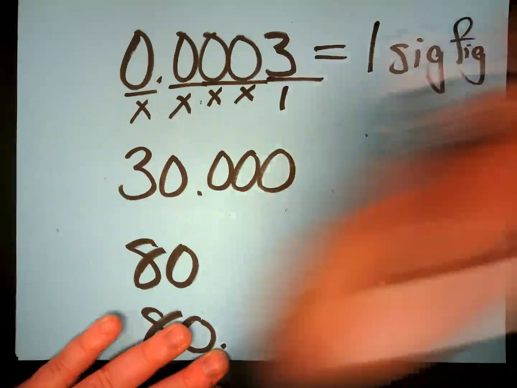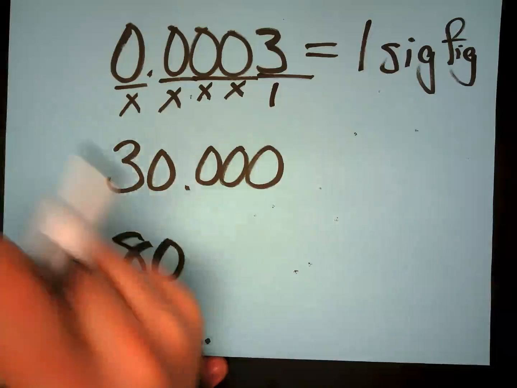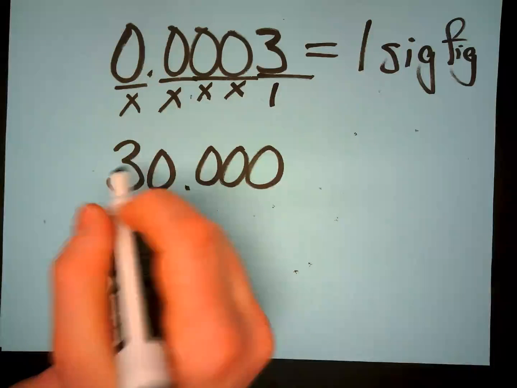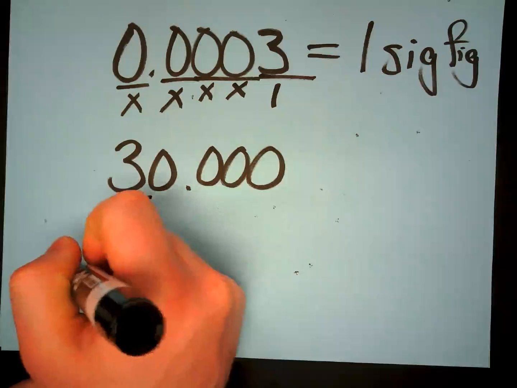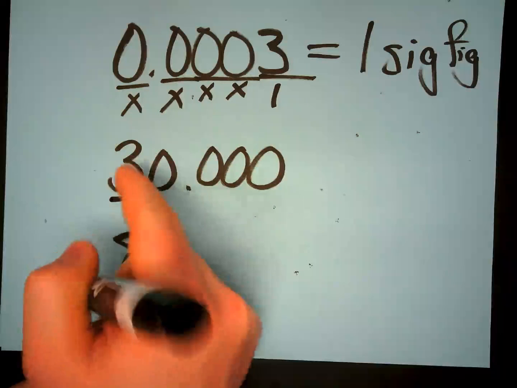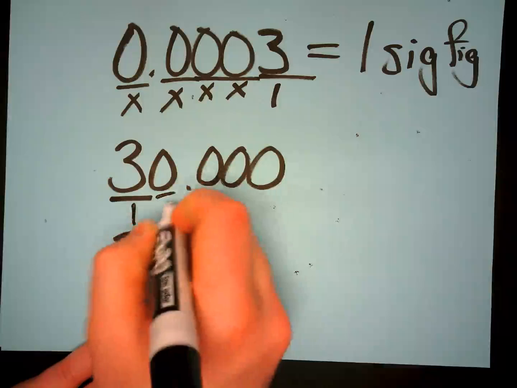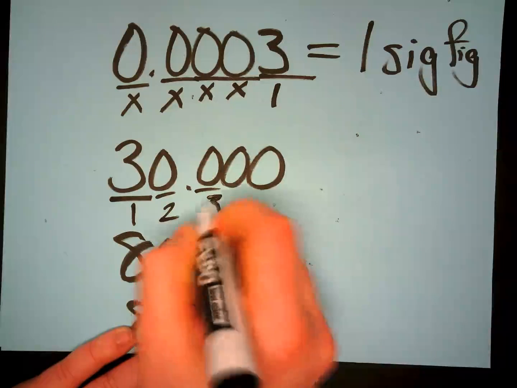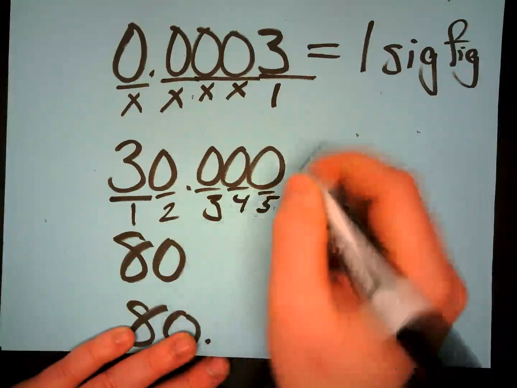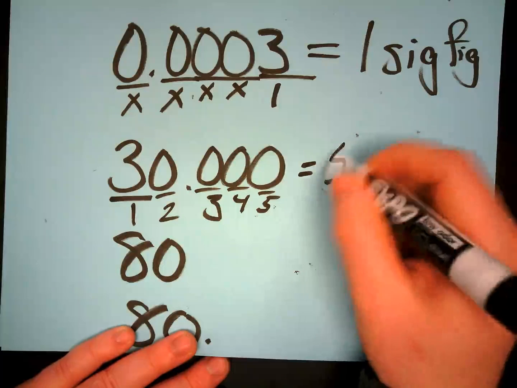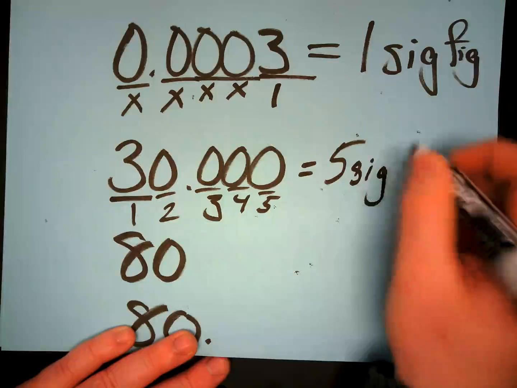Easy enough. This guy, same thing, just in reverse. Because we're counting from left to right because of that decimal, we start counting this guy, and we count that guy, and this one, and this one, and we would have here 5 sig figs.